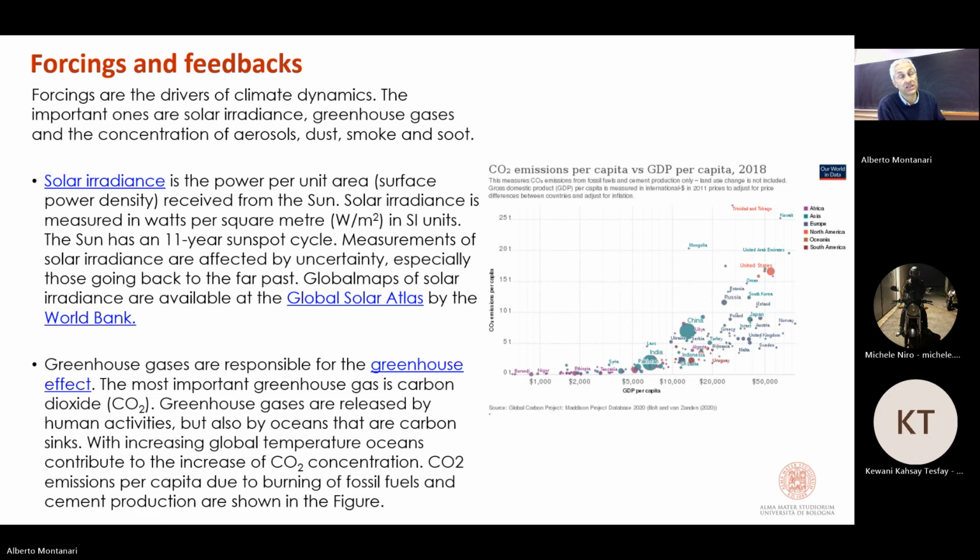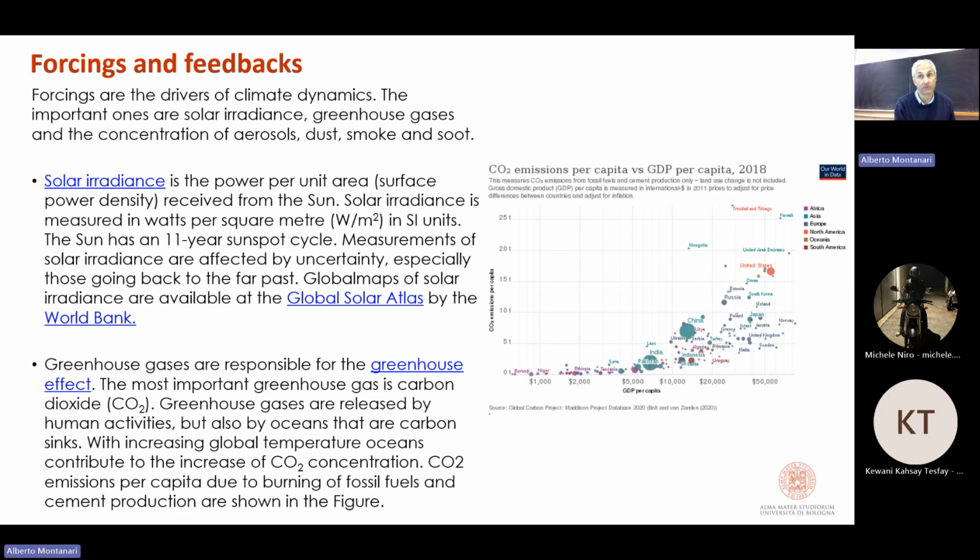Still, there is a lot of solar dynamics that we don't know. And also, the measurements of solar irradiance are affected by uncertainty. Not really on the average, but in terms of the day-to-day measurements, it's very important.